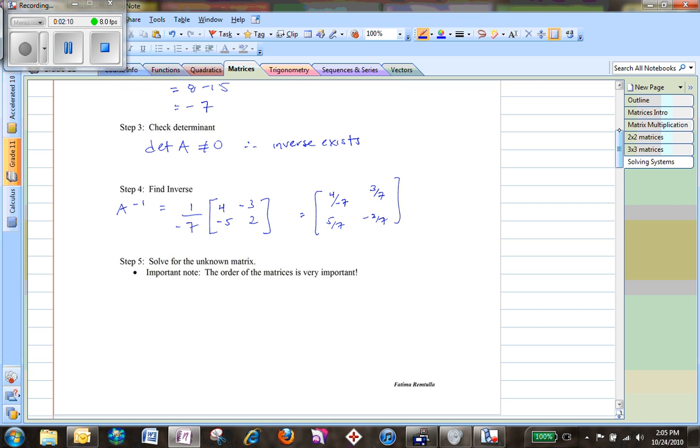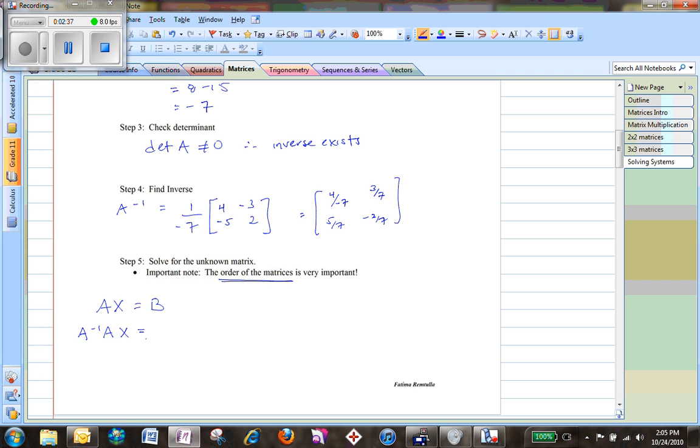It says here, solve the unknown matrix now knowing what I have. Important, the order of the matrices is very important. So right now we have AX is equal to B. I want to get it to X equals. Now in order to quote-unquote get rid of matrix A, I'm going to multiply by its inverse, because A inverse times A will give me the identity matrix.